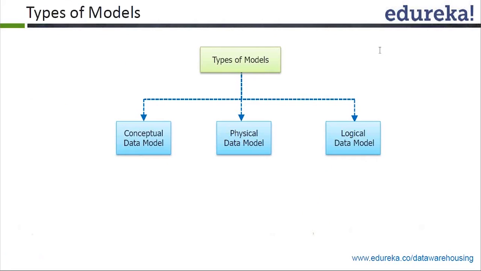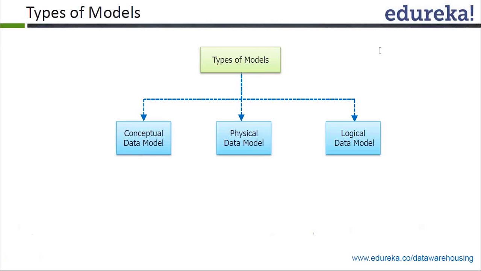The next topic we are going to discuss is the different types of models you can have before you build the data warehouse. As I told you before, the first step to build a data warehouse is a conceptual data model.